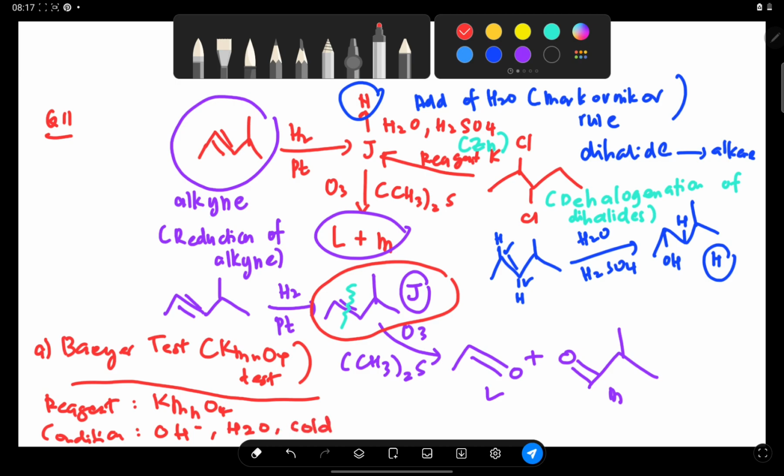Cold means room temperature, not that you put ice. Cold represents room temperature.